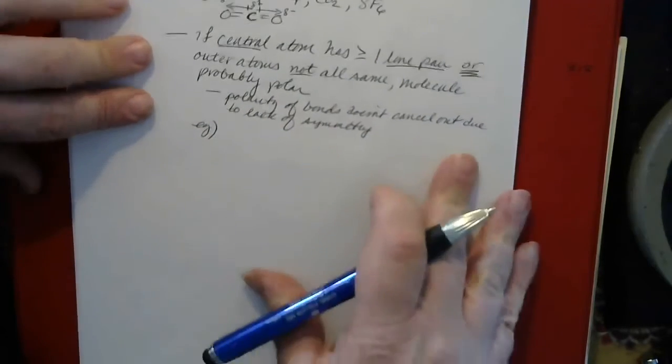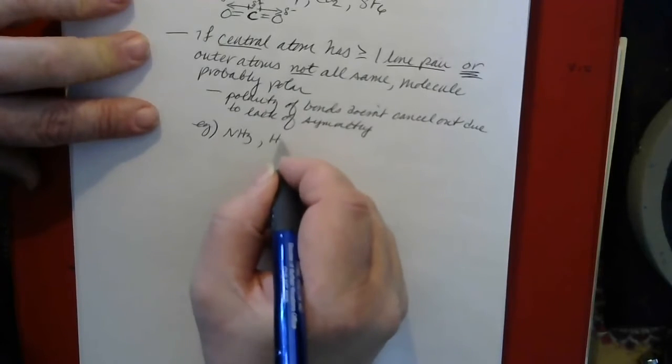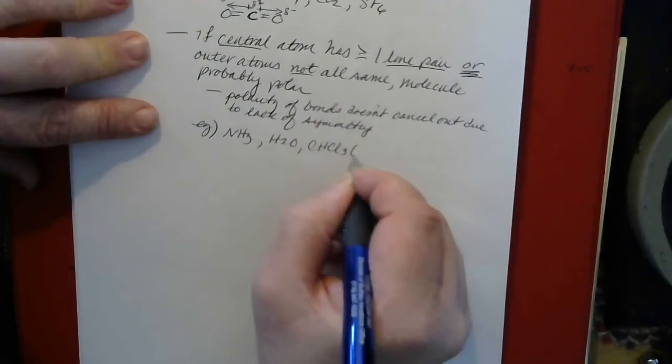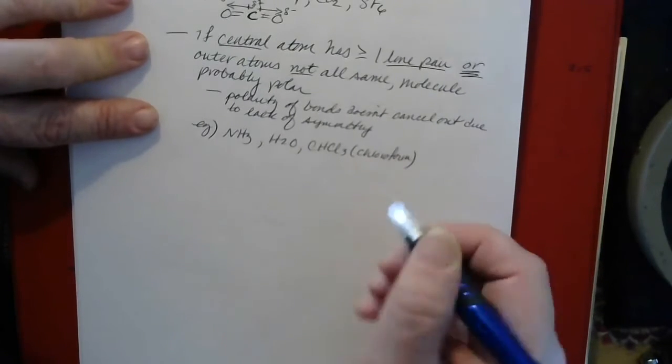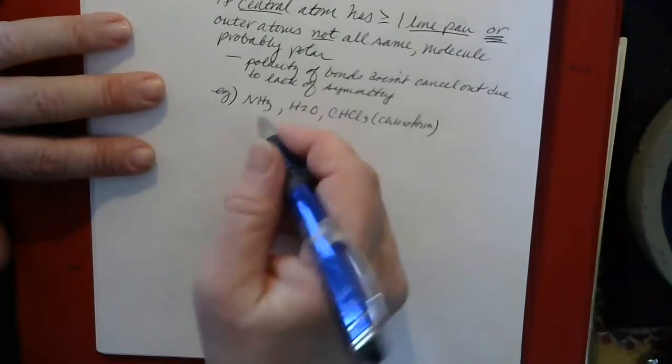Some examples of this would be ammonia, water, chloroform, and they all basically lack symmetry.